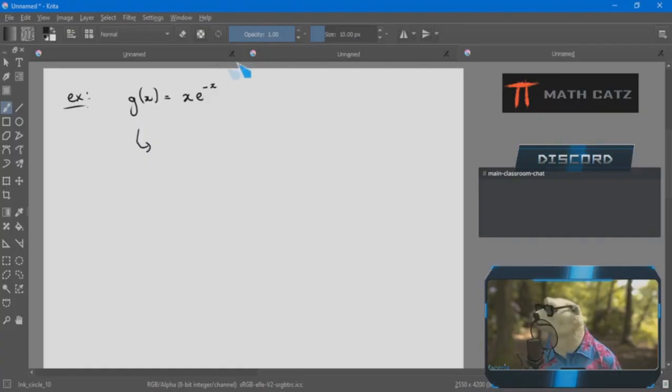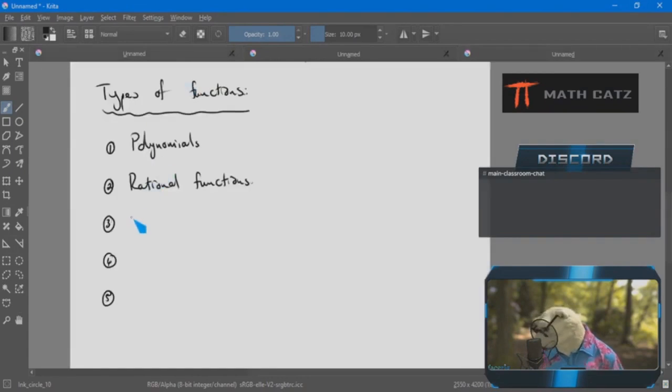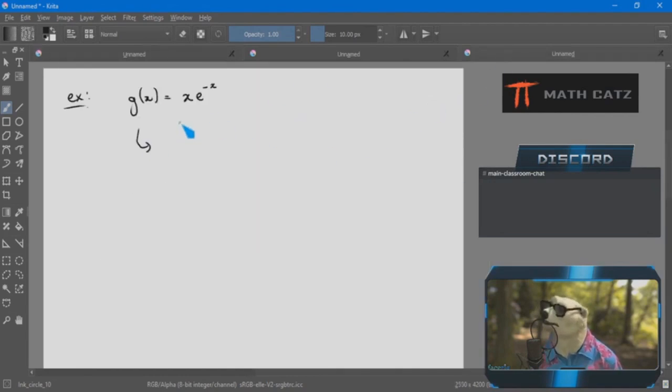So let's call that exponential components. This is not official. It's not very specific. It's not really a classified type of function, but I'm going to classify it: anything that has an exponential function somewhere in it.